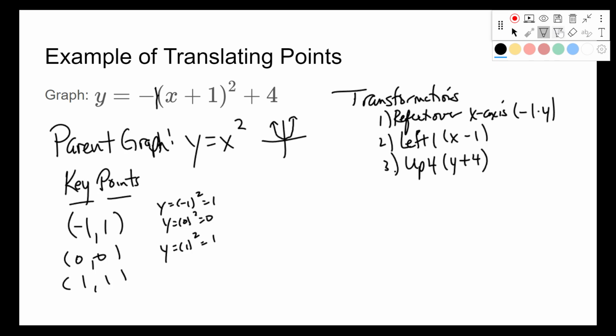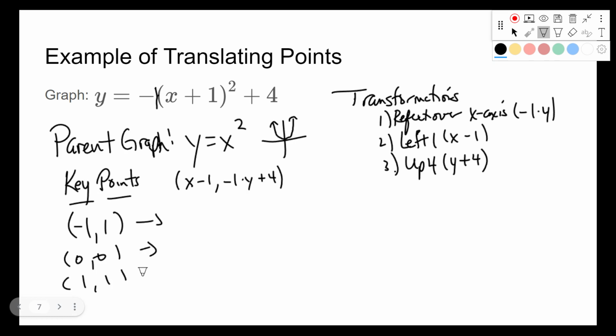So now, what I want to do to my key points is use these transformations on the key points. We're just going to figure out our little formula cookbook here. We're going to take the x's and take 1 away. The y's, we're going to multiply them by -1 and then add 4.